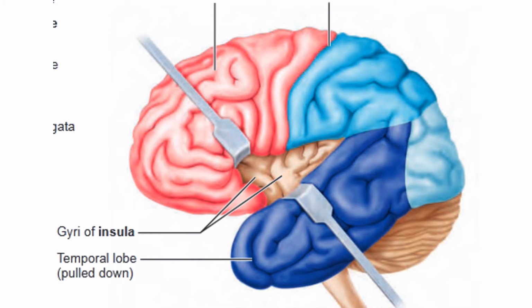We can see that there are sulci and gyri between these 2 lobes, the parietal and the temporal, and this lobe is called the insula. So the brain has 5 lobes, 4 visible and 1 hidden.